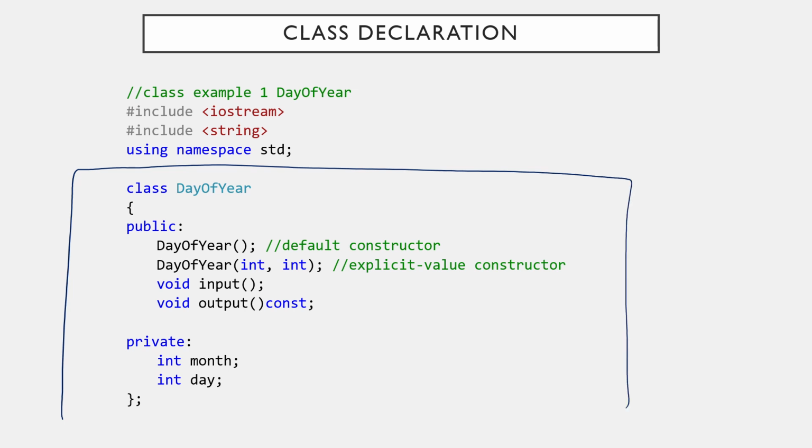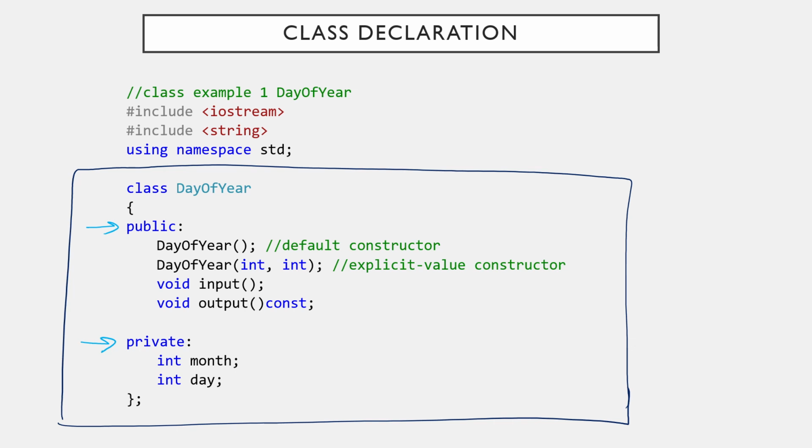And you can clearly see the difference between this and a struct. First of all, we have the keyword class instead of struct. You still have an opening curly brace, a closing curly brace, and a semicolon. Here we are defining what is private in our class and what is public. Even though by default everything is private, it's very clear if you designate in your declaration what is private and what is public.